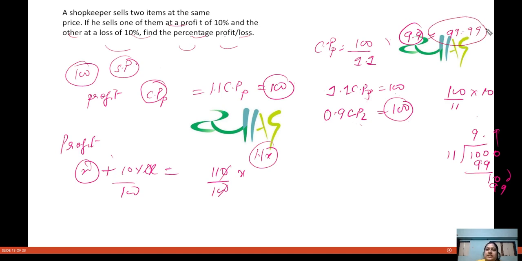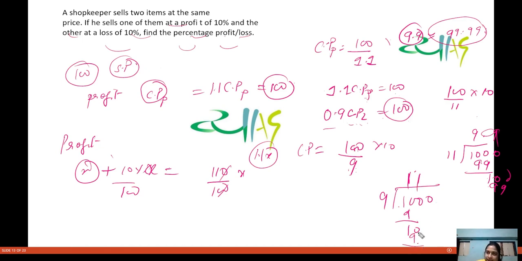So your cost price was this. And in case of loss, this is 100 divided by 9. This is 90.99, guys, and this is 100 divided by 9. So what is the cost price here? 100 divided by 9 into 10 you can write. 9 times 9 is 81, then 10 minus 9, one time here, then again you will get 9, one time here.